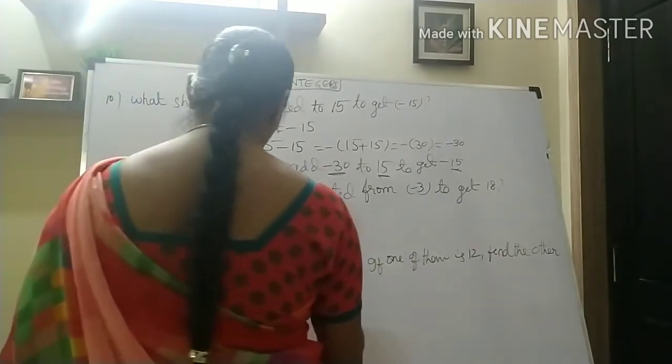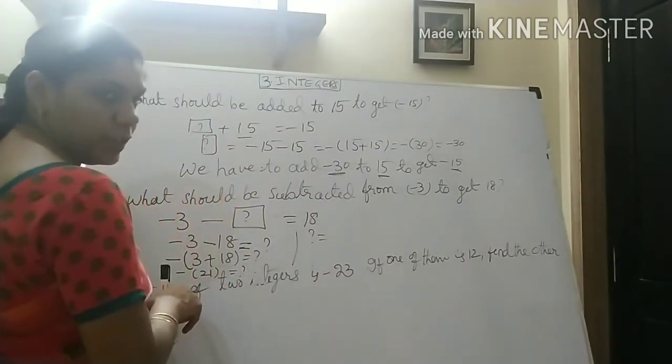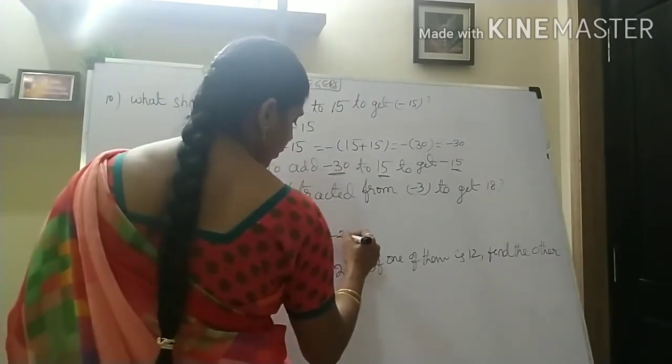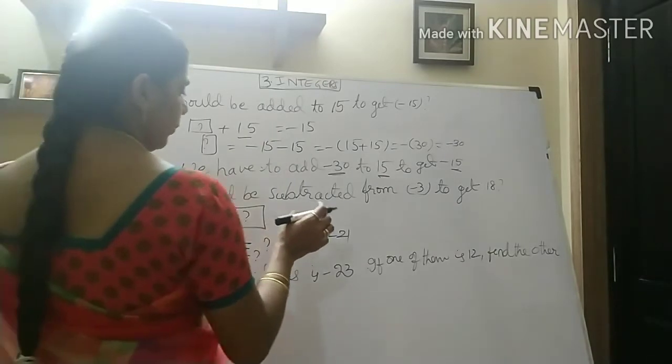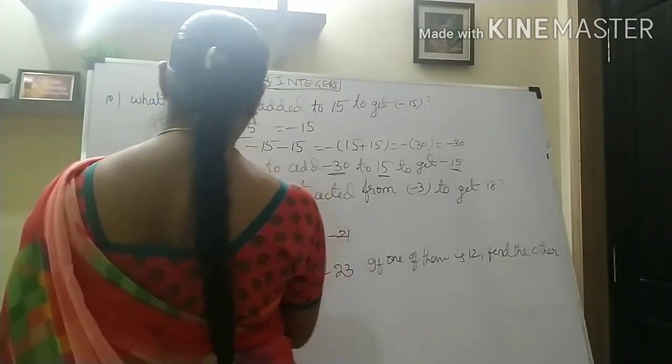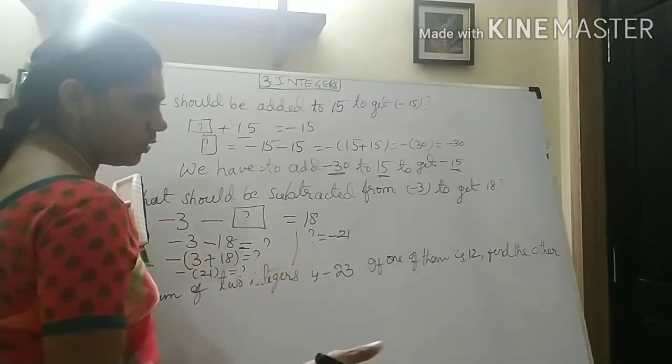So what do you get here? The unknown number is, applying again minus and removing these brackets, minus 21. What do we have to do here? We have to subtract the number. What should be subtracted? The number which we have to subtract is minus 21.